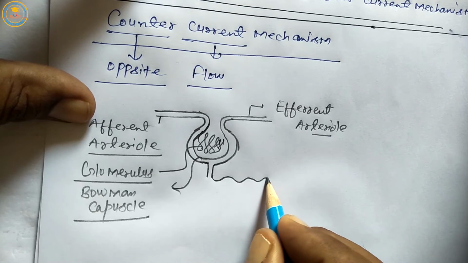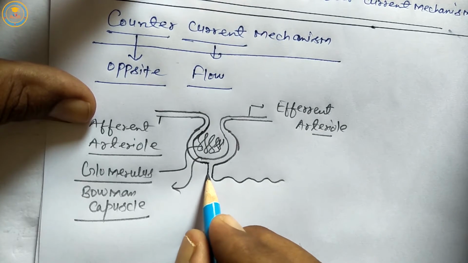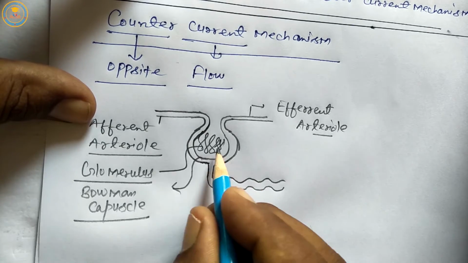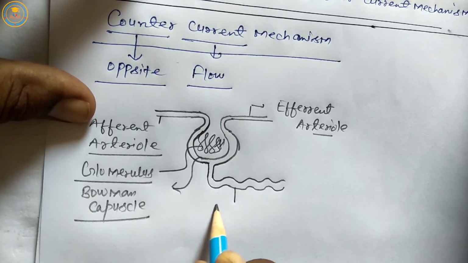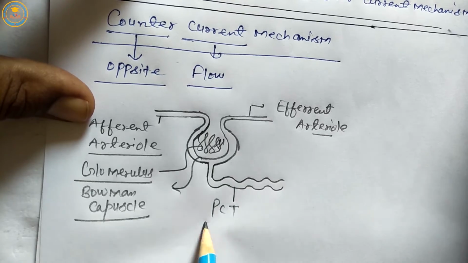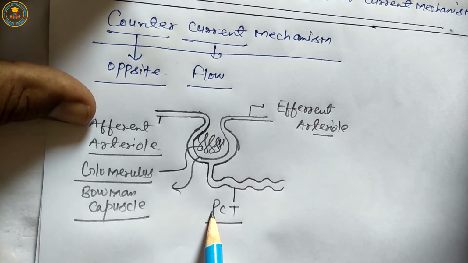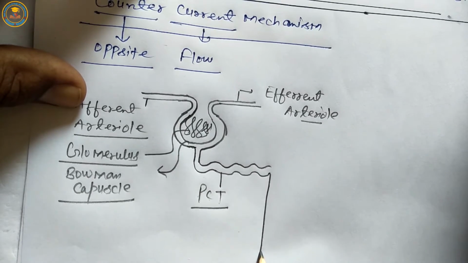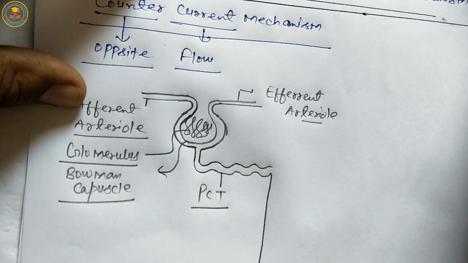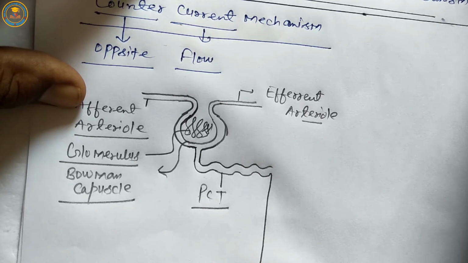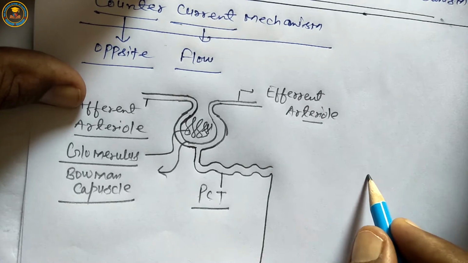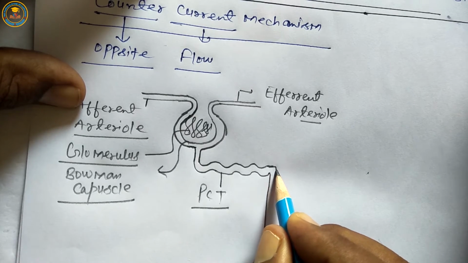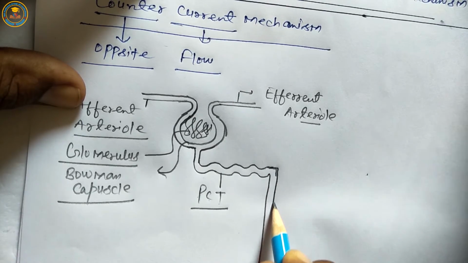Next this part is a coiled tube-like but near to Malpighian body, so it is called proximal convoluted tubule. Next part is U shape. It is Henle loop.